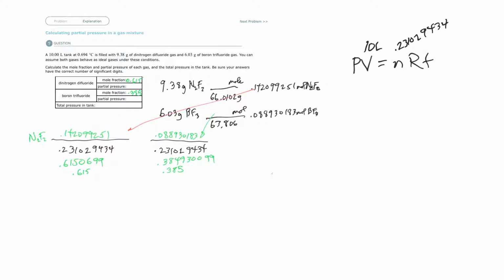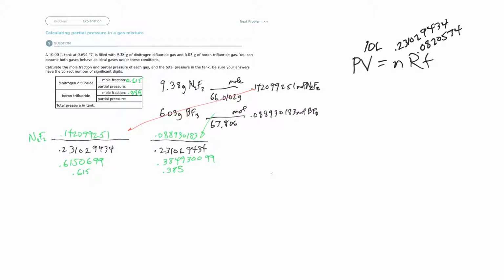The total pressure, I assume, is in atmospheres. Since it's in atmospheres, this number here, R, is going to be 0.0820574. And my temperature is 0.694, it says 0.694, and then I have to turn it into Kelvin.